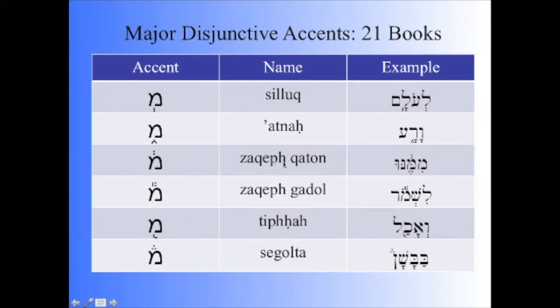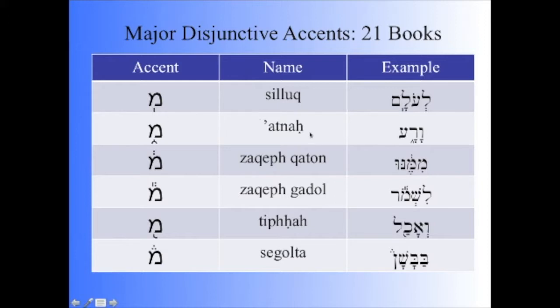The siluk, you'll see at the end of the verse, it will always fall on the accented syllable of the last word before the sof pasuk, and nowhere else in the verse. There's something that looks like it called a meteg, which has a different purpose.